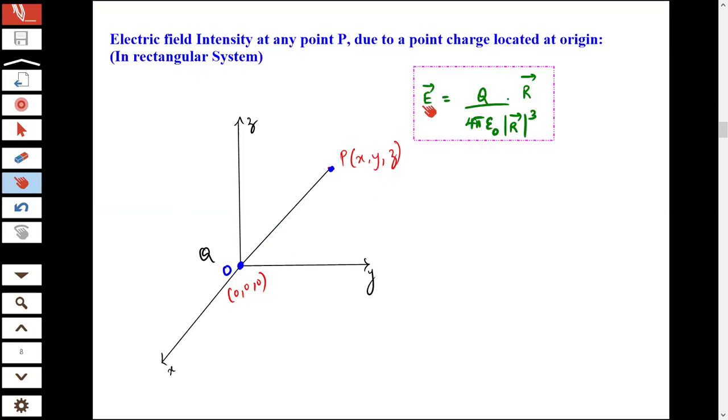We have already discussed the electric field intensity expression in the previous video. That is Q by 4 pi epsilon, vector R divided by the magnitude of R cubed.